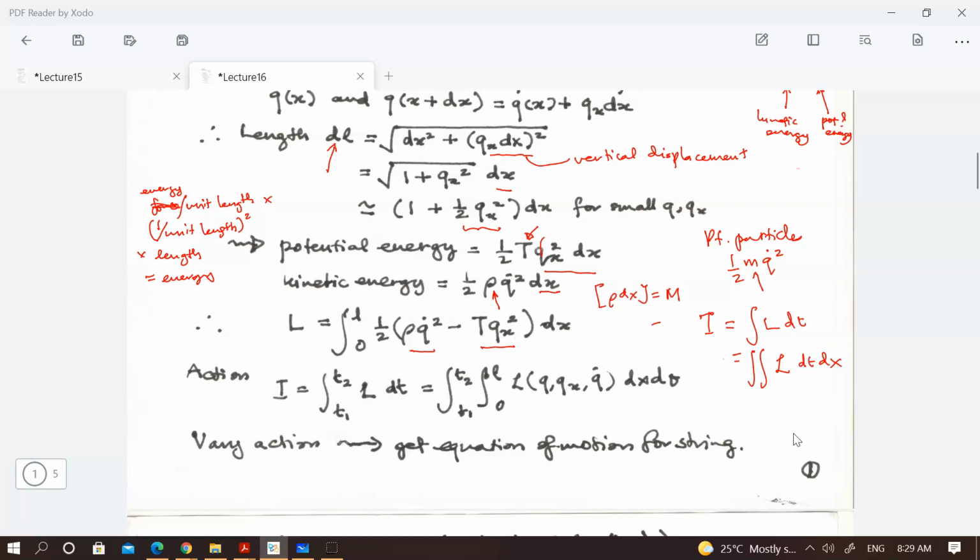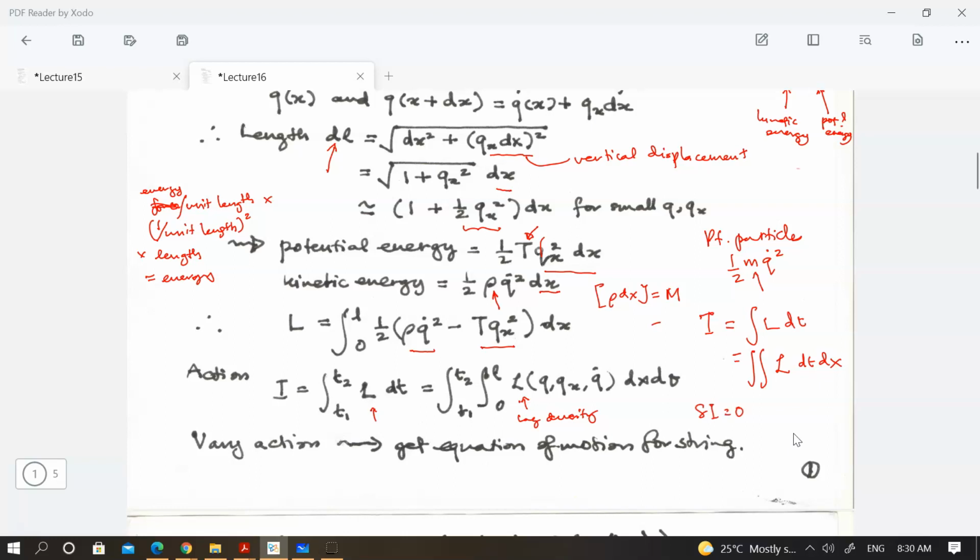So in other words, everything is now, instead of being written in terms of your L, which is your Lagrangian, written in terms of your Lagrangian density. Okay. So what one needs to do is remember the principle of minimal action, or extremized action, which is to have delta I equals 0.